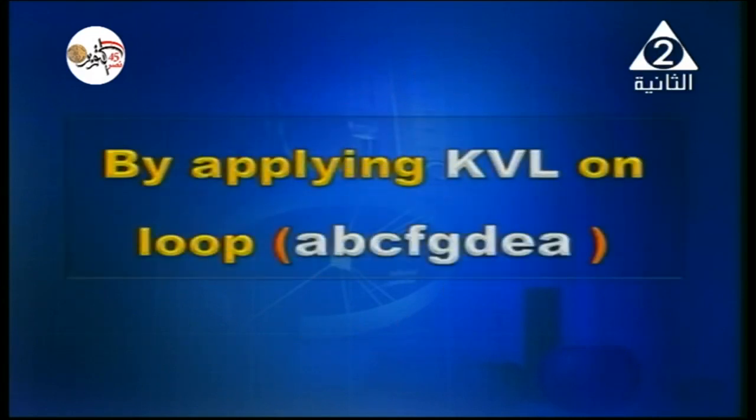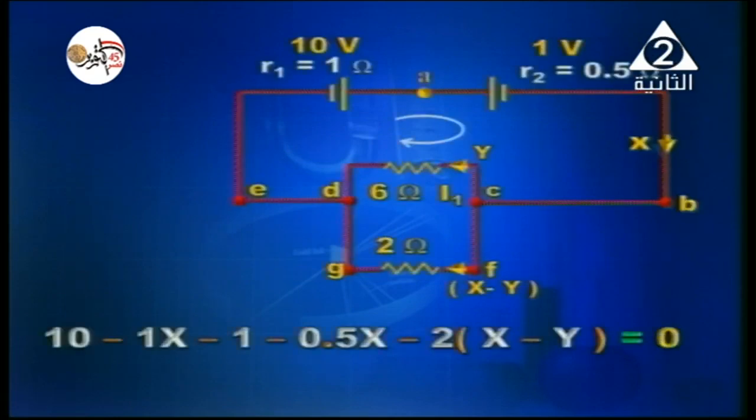And now applying Kirchhoff's voltage law on loop A, B, C, F, G, D, E, A. Once again, 10 minus, of course, 1x, minus 1, minus half x, minus 2 between two brackets, (x minus y).